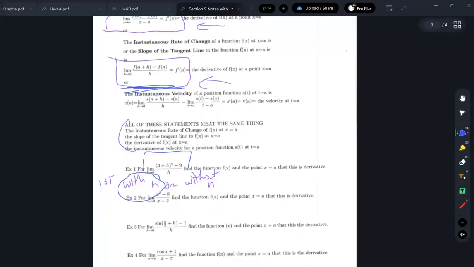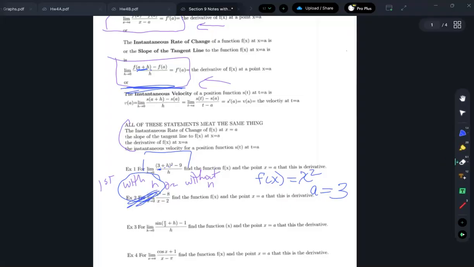I need to figure out what the function is and what a is, so that if I plug that in, I get this. It's supposed to be f of a plus h. So I think that a is going to be 3. And then the function I'm plugging it into, f of 3 plus h, ends up being squared. I think it's x squared. Okay, I'll let you play with that one a little bit.